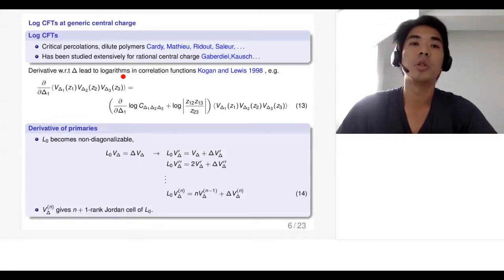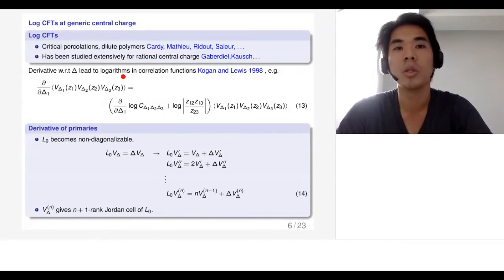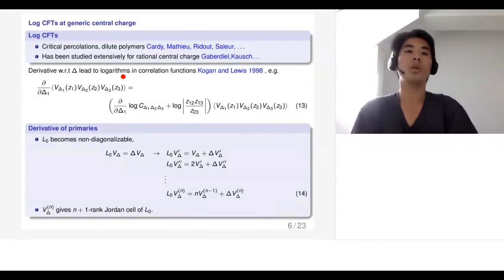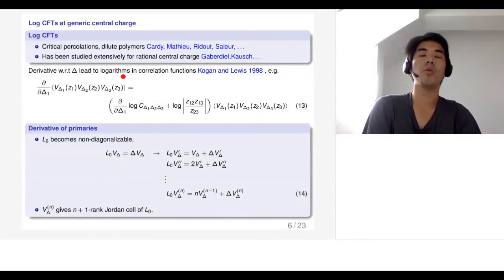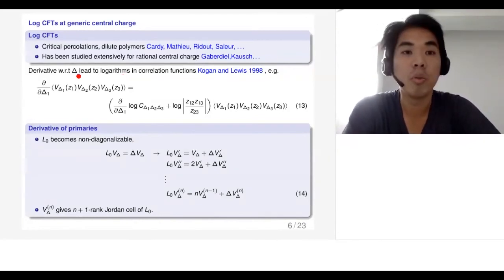So LogCFTs are a special kind of conformal field theory in which the correlation function can be logarithmic, and they appear in many places in theoretical physics, for instance in critical percolation and in critical polymers, and they have also been studied quite in detail for rational central charge. So in this talk, we see what happens at generic central charge. And to introduce the logarithms into our theory, the cheapest way to do so is to use the derivative with respect to conformal dimensions.